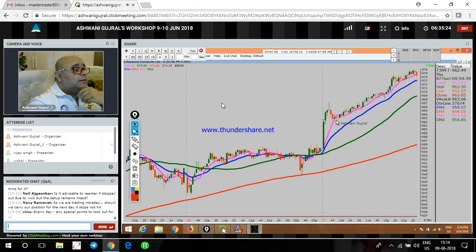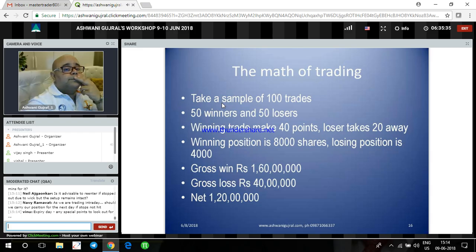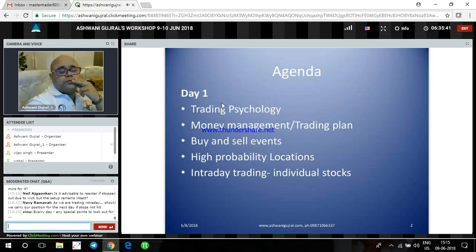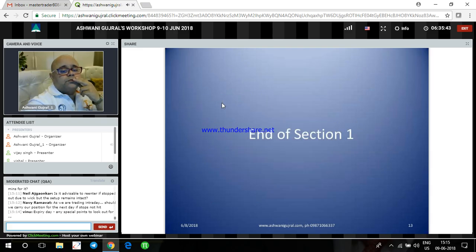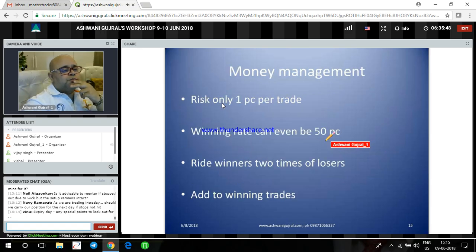Okay, since we have demand for money management, let's go back there and talk about it. See, first issue is that this is my money management.